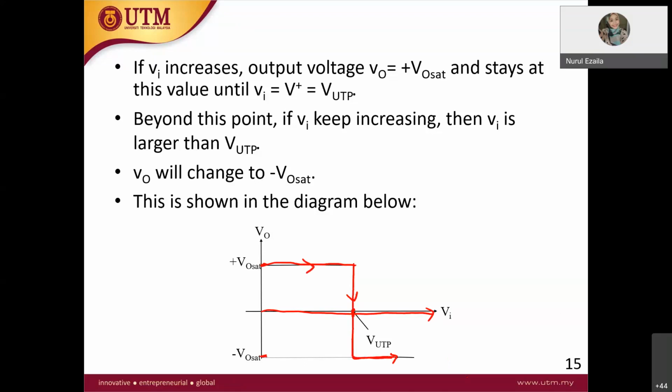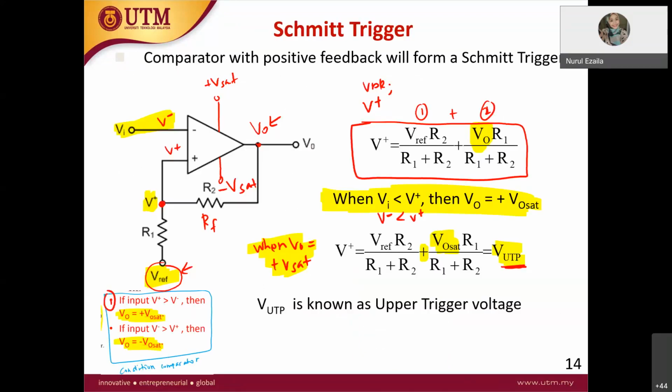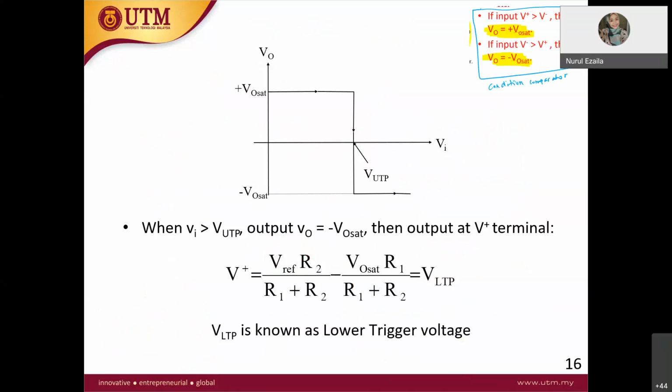So like I said just now, V out can be positive V saturation. And what happens when we take V out equal to the negative V saturation? As you can see, V out here is equal to the negative V saturation.